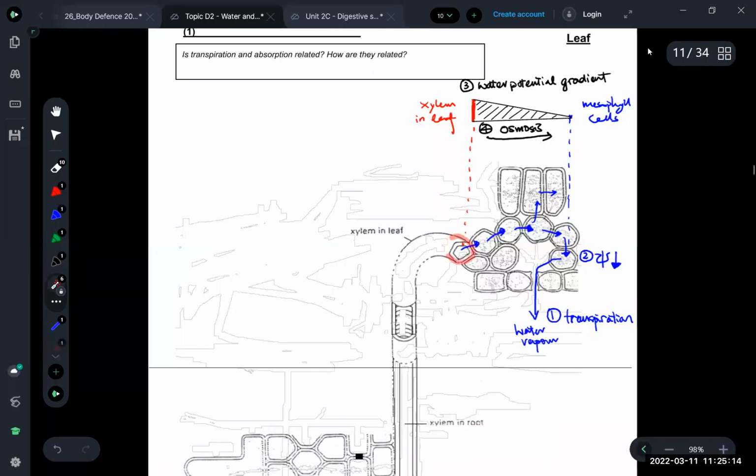So now the event is affecting the water in the xylem. Remember, xylem is a hollow tube with a continuous water column inside. So think about it like a straw with water.